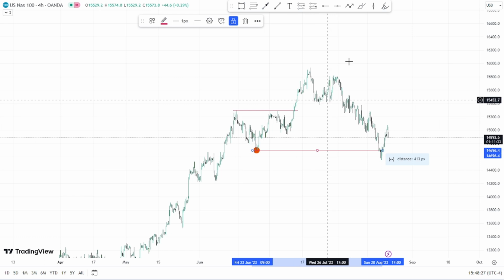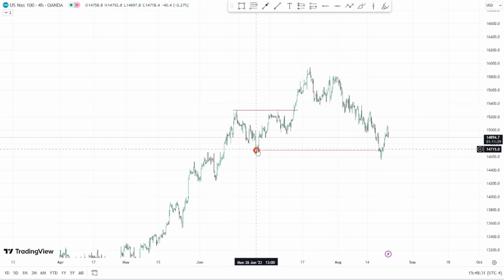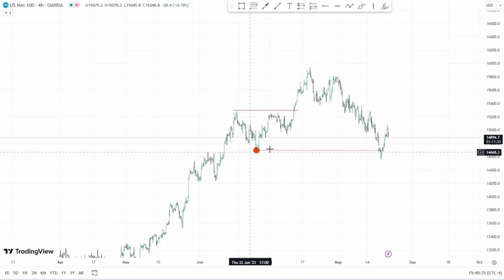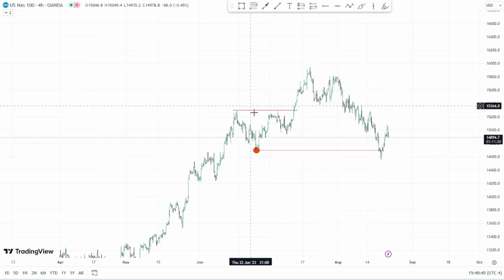So this is what's happening. This was a higher high, higher low, higher high. Price broke the structure to the upside, then it left this low. Price came down and it changed character here. Let me quickly label this so that you can see it, but I'm going to remove it soon.